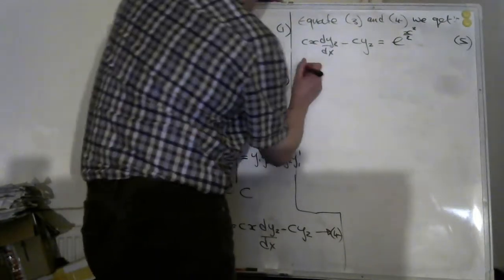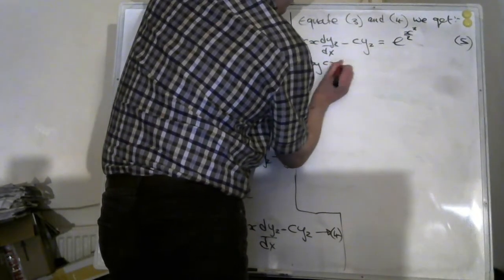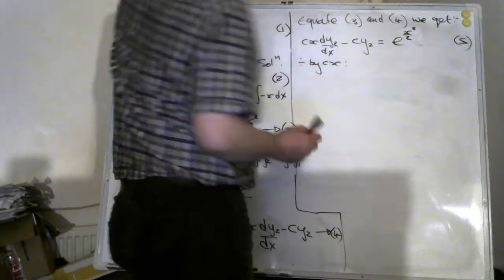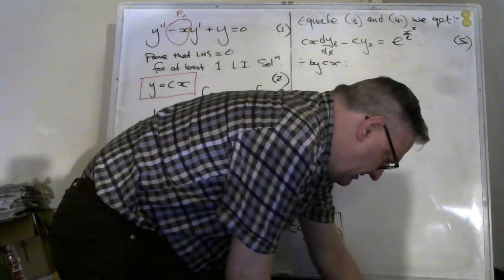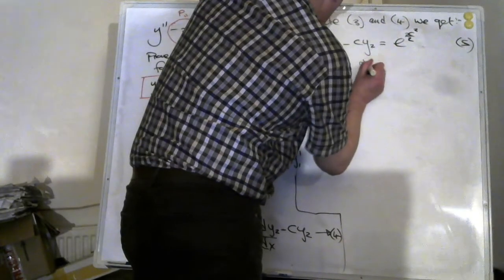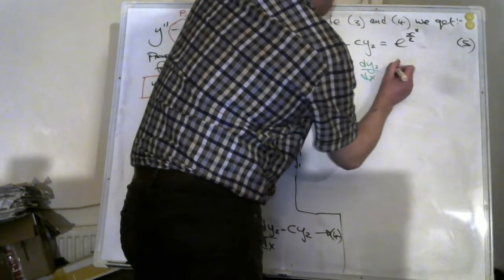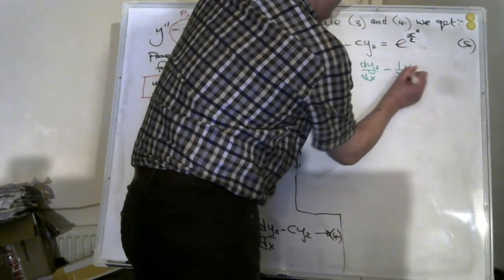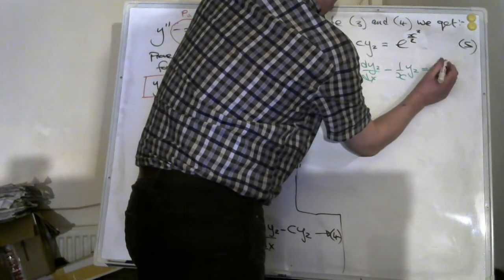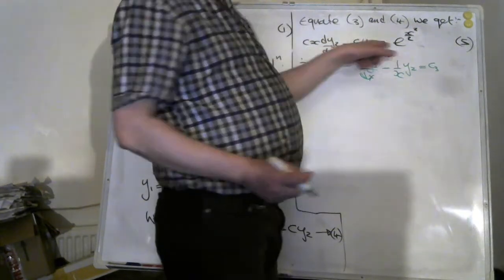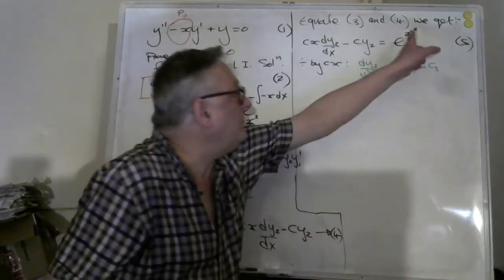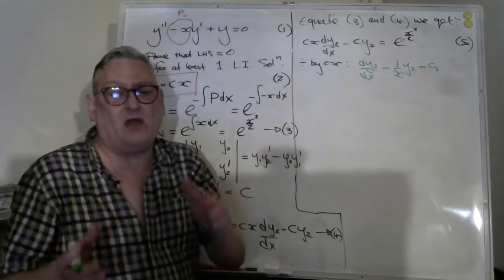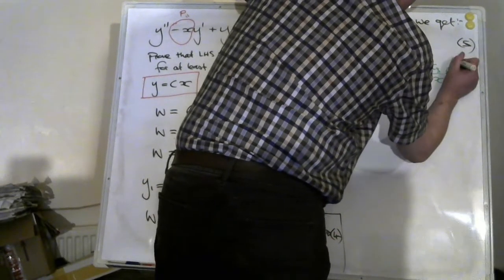So if we divide through by cx, we obtain, and I'll write it in green, dy2 over dx minus, well, the c's cancel when you divide by cx, and you get 1 over x y2, and that is equal to, we'll call this c3 because we're dividing by a cx there, so I'm just calling it 1 over c3, and we've got an x, and the e to the x squared over 2 stays the same.